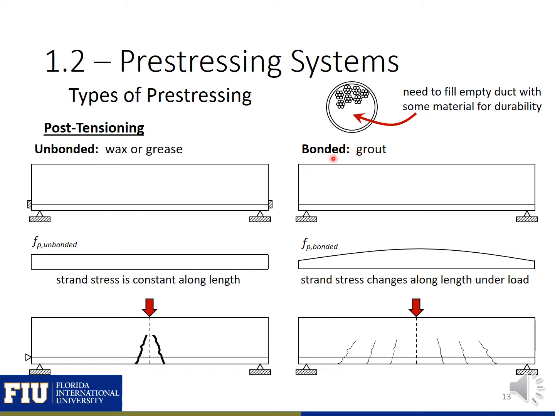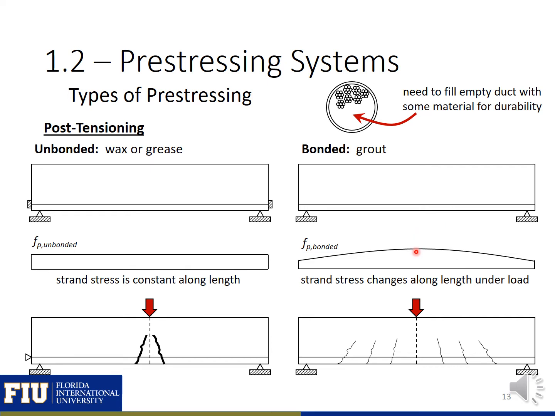In a bonded system where you're using cementitious grout, you still initially have some anchorage devices at the end to transfer the stress from the strand to the beam. But after you grout the tendon, then there's also a bond present between the grout and the strand itself.